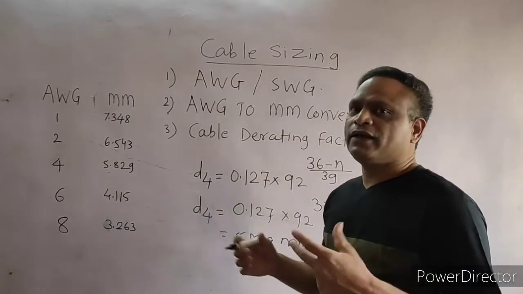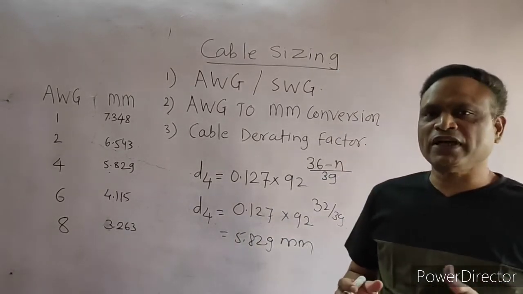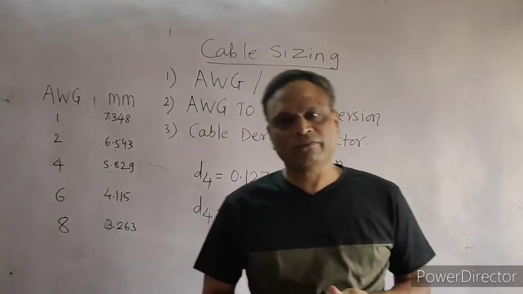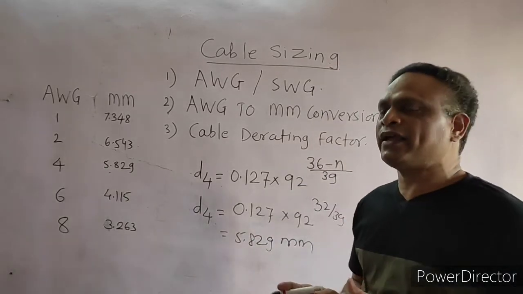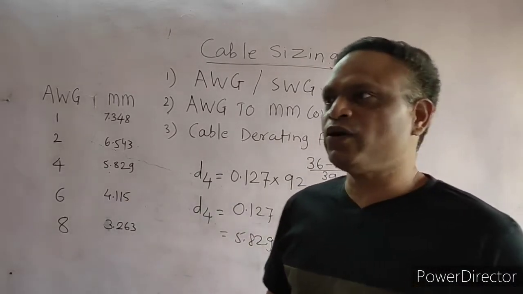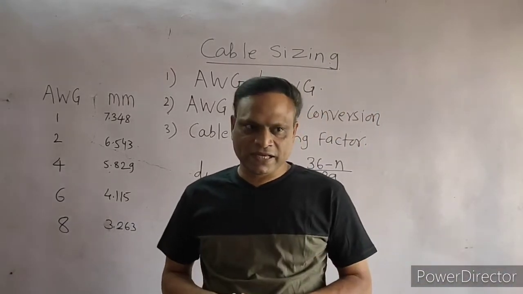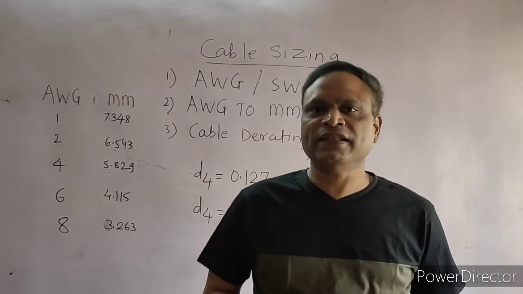So again the cable's derating factor is there. It has to be considered. It will depend upon what kind of cabling we are doing: whether we are laying the cable in duct, in trough, or it is open cabling. Again what kind of insulation is there, and it will depend on the temperature rise in the cable.